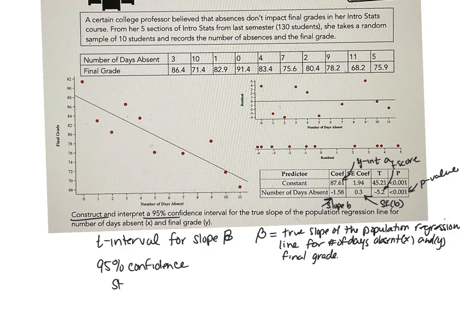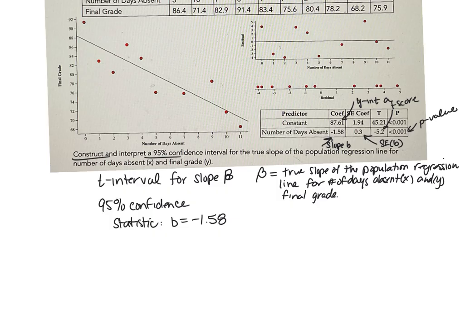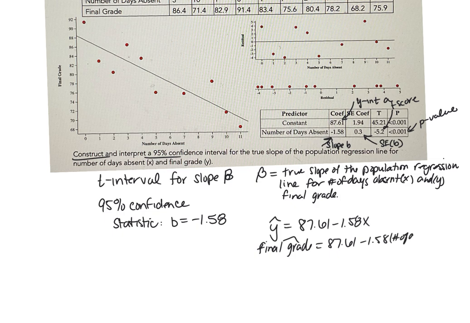The statistic is lowercase b equals -1.58. Now our regression equation would be y hat equals 87.61 minus 1.58x, or final grade hat equals 87.61 minus 1.58 times number of absences.